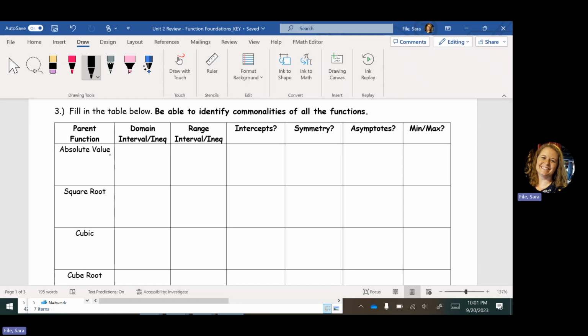If it asks something about the absolute value function, it's going to have the equation written out for you. I don't expect you to just have everything memorized. That's not beneficial. You need to understand what these different key features are and how to find them for any graph, not just have them memorized for the parent functions.